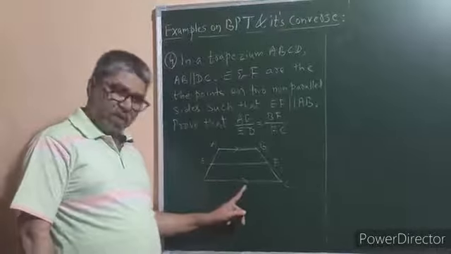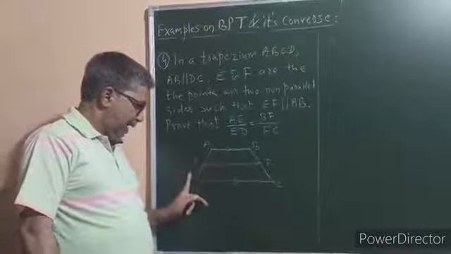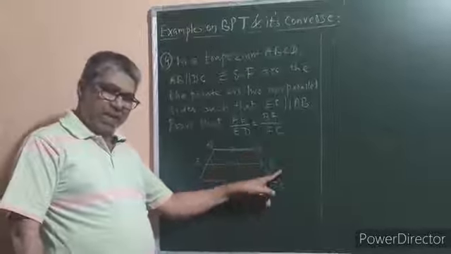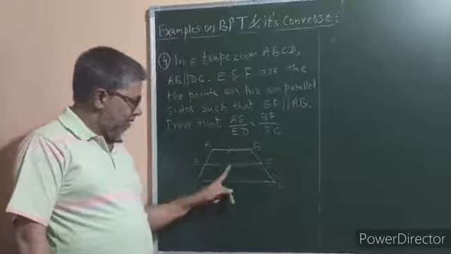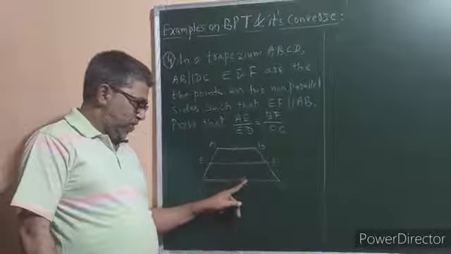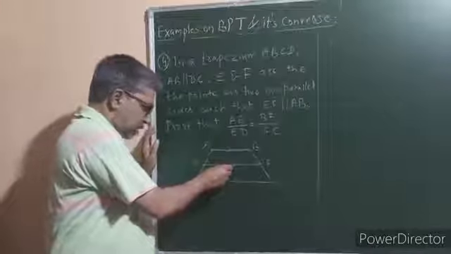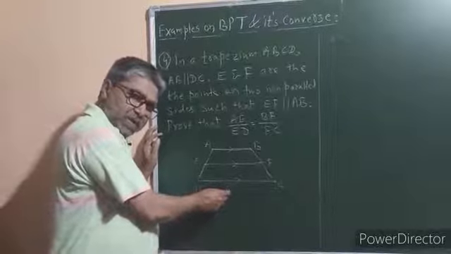Here AB is parallel to DC, E is a point on non-parallel side AD, F is another point on non-parallel side BC, E and F are joined, and EF is parallel to AB. AB is parallel to DC, EF is parallel to AB, then obviously EF must also be parallel to DC.